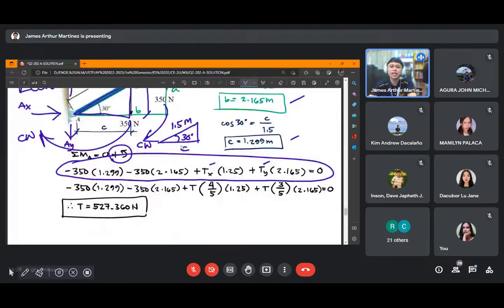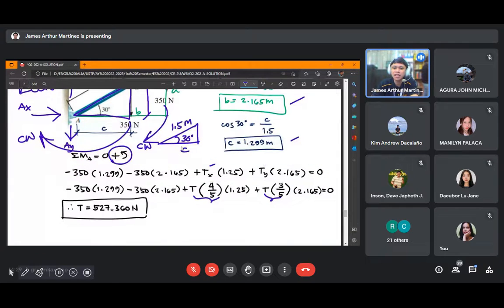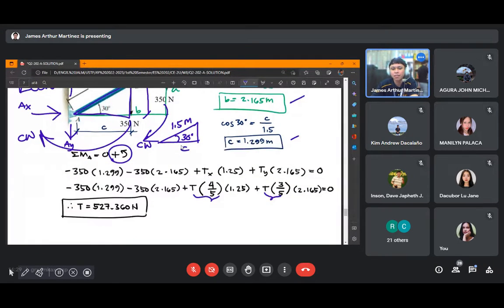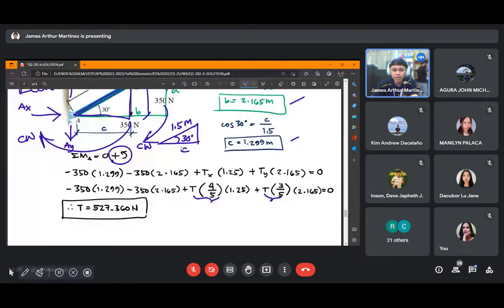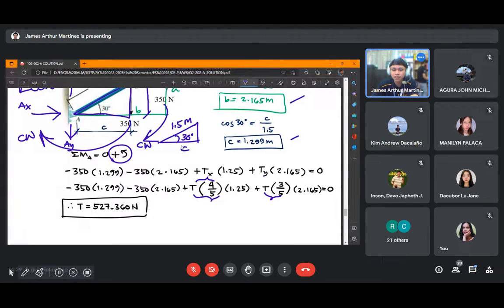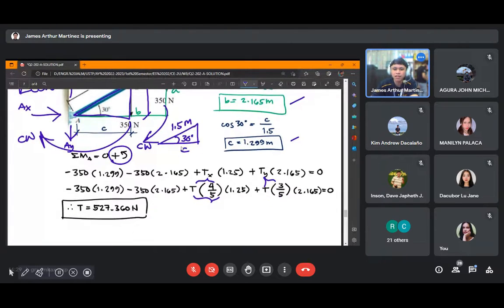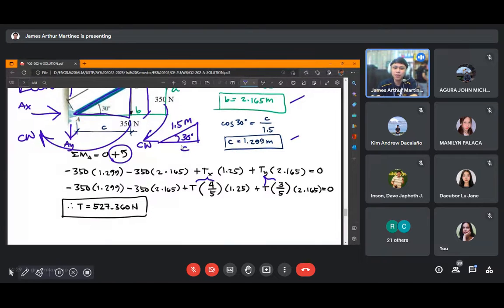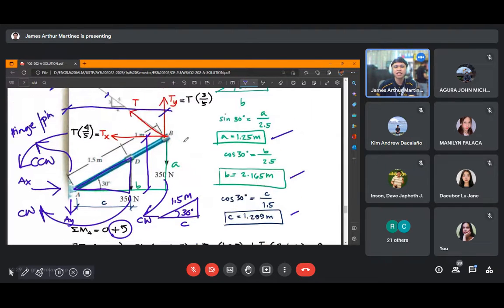Substituting that here, we'll have only one unknown variable, which is T. With this equation, we can solve T directly. T therefore is just equal to 527.360 newtons. So that's it for this.